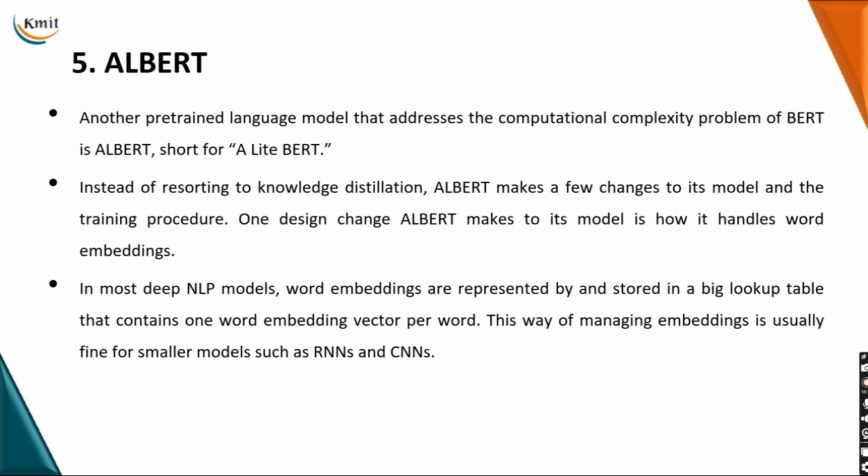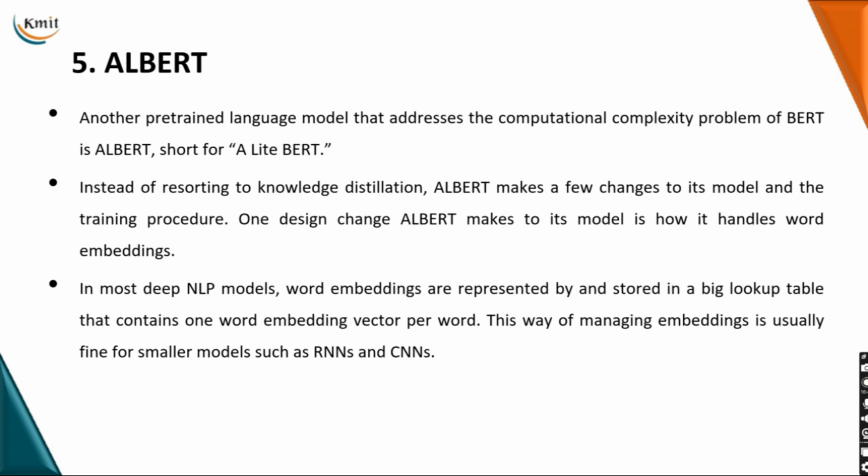The next version of BERT that I want to discuss, which is a pre-trained model, is ALBERT. This addresses the computational complexity problem of BERT. That is the reason we call it ALBERT, basically a light BERT. ALBERT models have smaller parameter sizes when compared to the previous BERT models.